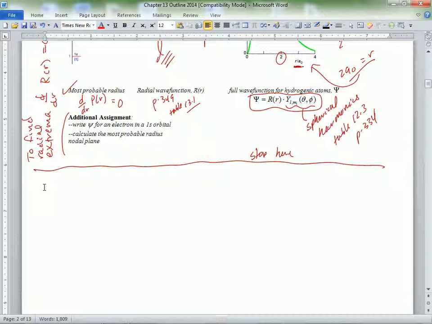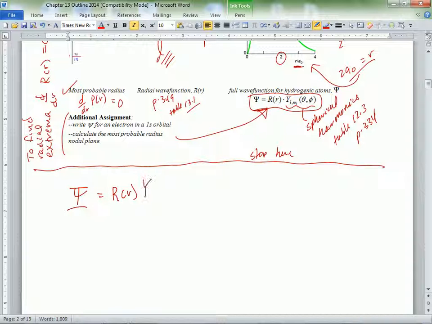Now, the electron for a 1s orbital, this will be good practice. So that means we have to follow R of r, Y, l, m sub l.